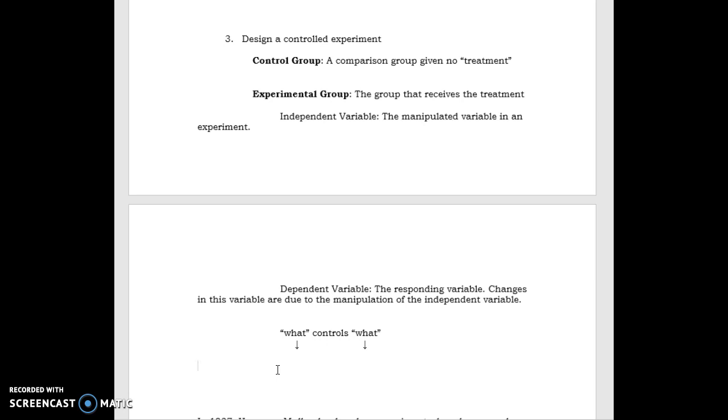We have the taking honors courses and the college dropout rate. So if I were to put them into a sentence very simply, what controls what? Does it make sense to say that taking honors classes controls college dropout rate, or college dropout rate controls taking honors courses? Which one sounds better? My hope is that you decided the first one, where taking honors courses controls the college dropout rate.